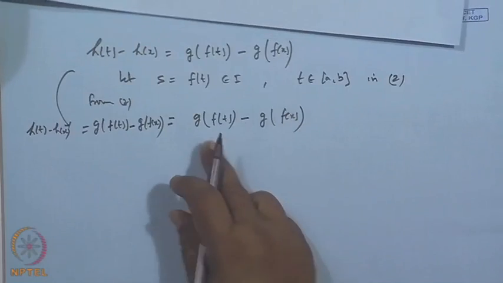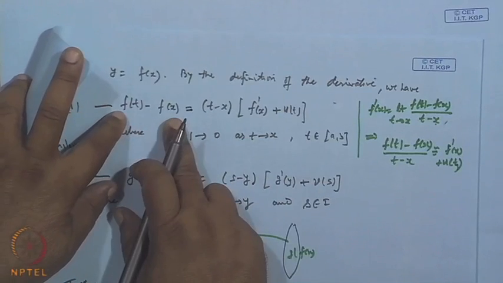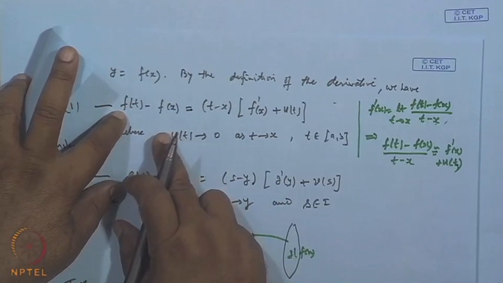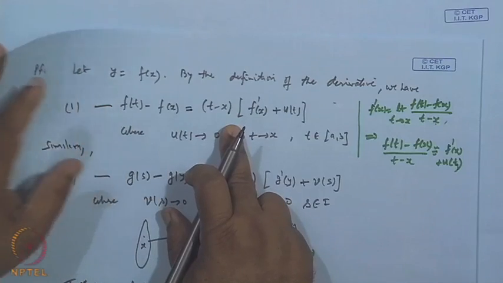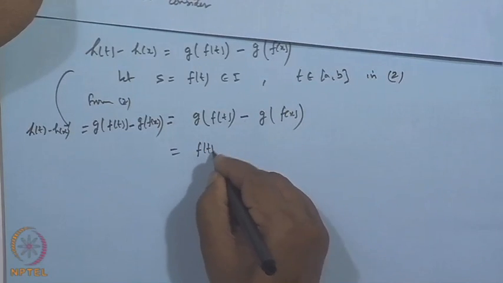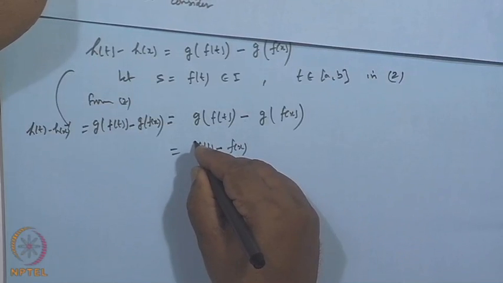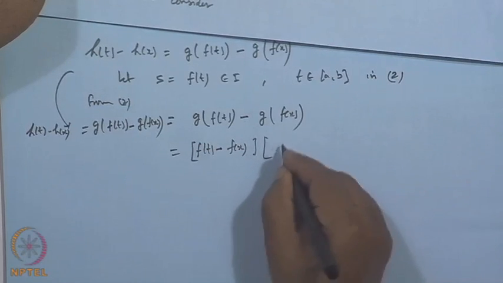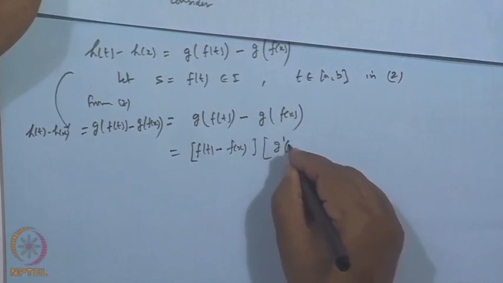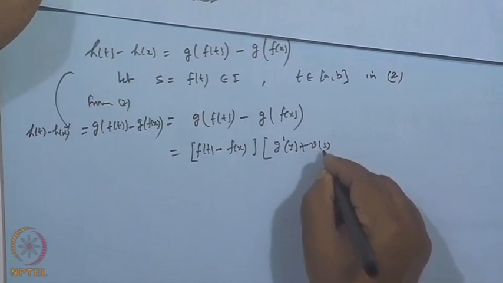Okay. So, now apply this here, f t minus f x, f is continuous and differentiable. So, we can use this now. When you use this, g is differentiable, so it is f t minus f x into g prime at some point y plus v s.